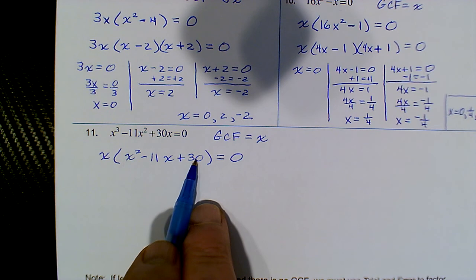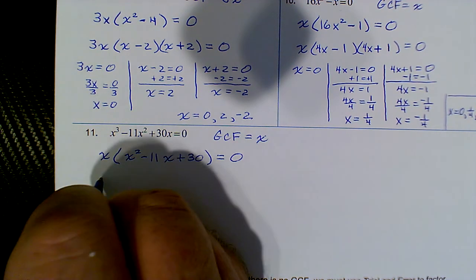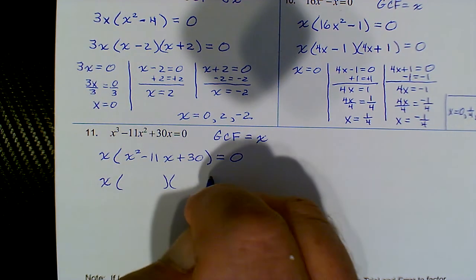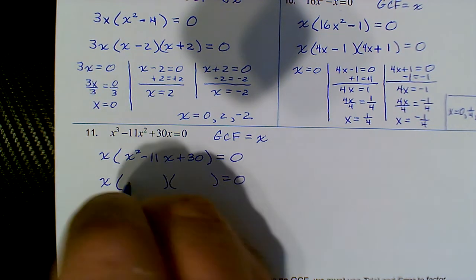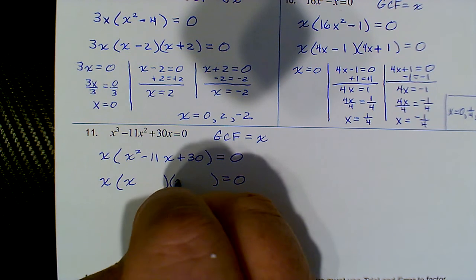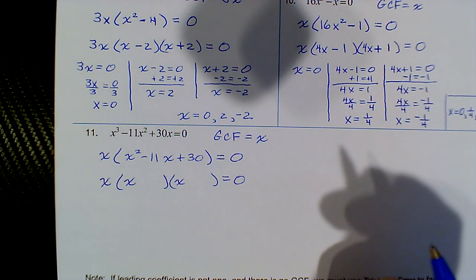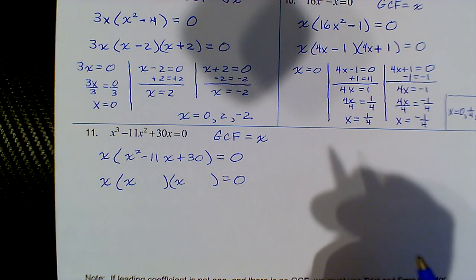But then notice that what's in the parentheses is a quadratic trinomial that can probably be factored. And it's an easy one because the leading term is x squared, so the first term of each binomial will be x.